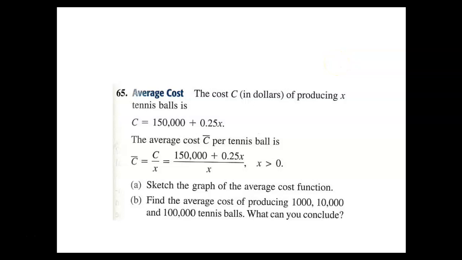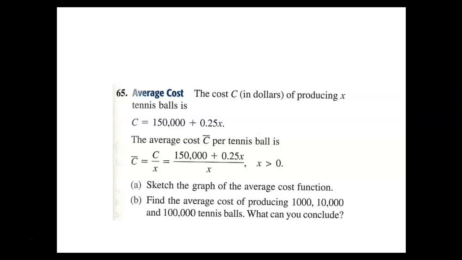So I stole these out of some book or other, but this first example says the cost C in dollars of producing x tennis balls is C equals 150,000 plus 0.25x. So you can think of that as maybe it costs $150,000 to buy a tennis ball making machine, and then it costs 25 cents for the material for each individual tennis ball that you make with that machine.